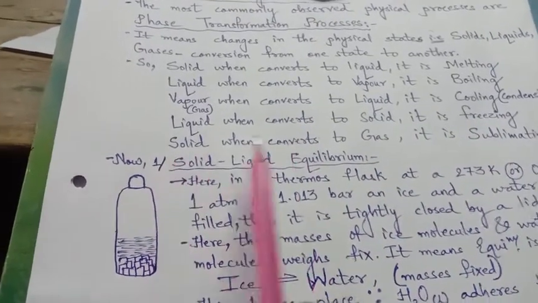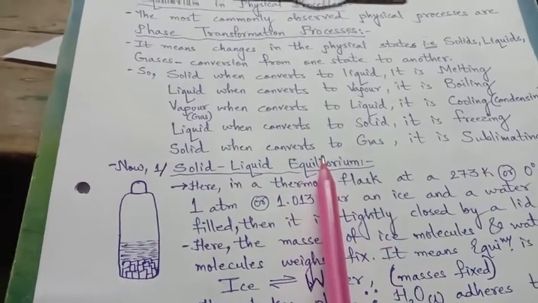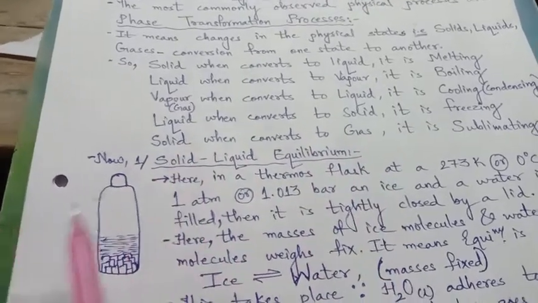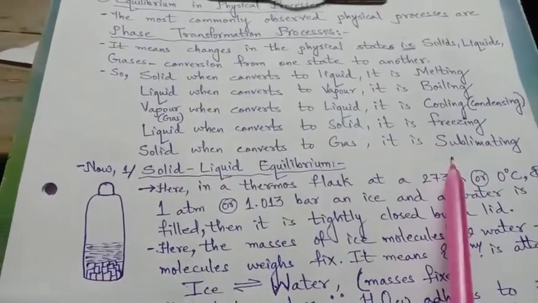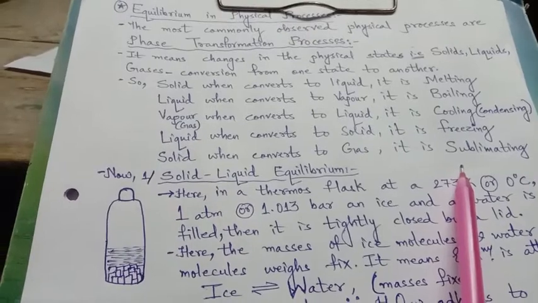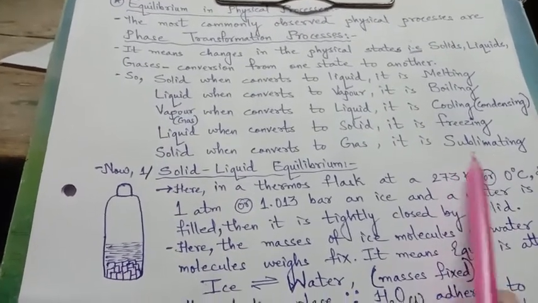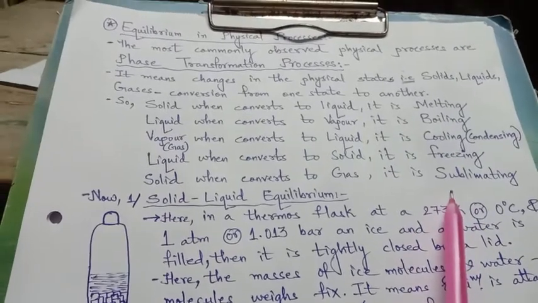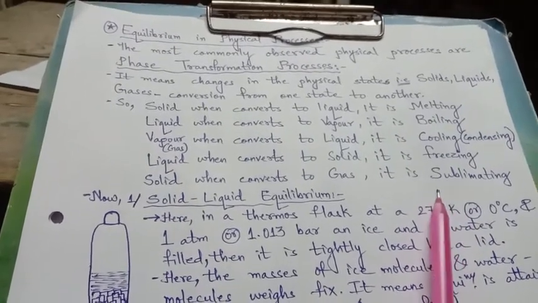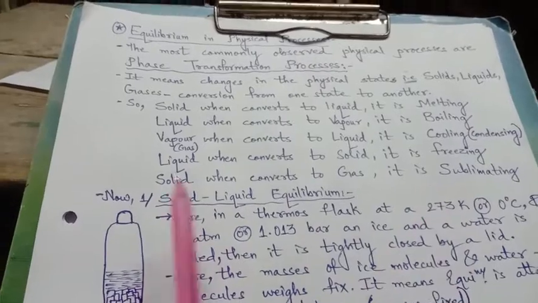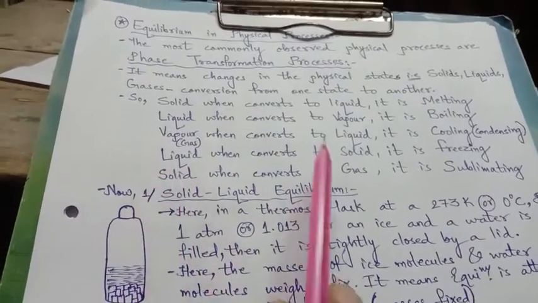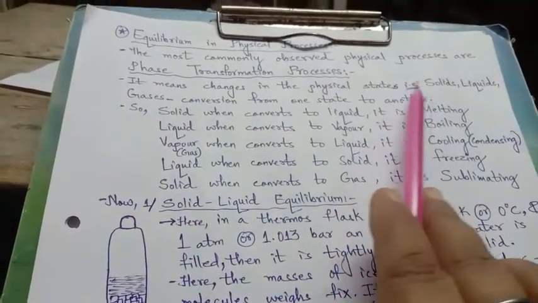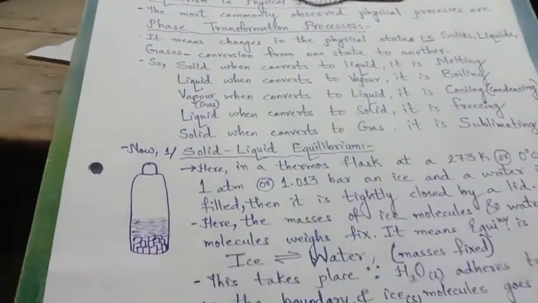And solid when directly converting to gas, or gas when directly converting to solid, it is sublimating. So these are the phase transformation processes. Because of the transformation of one state to another, these processes are carried out.